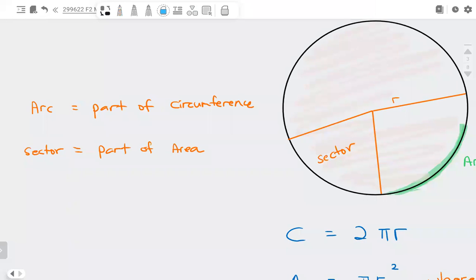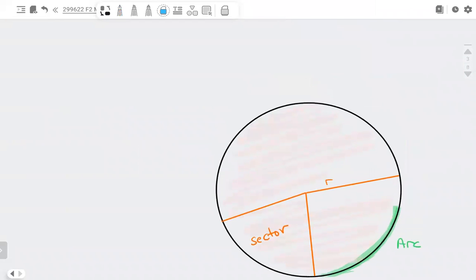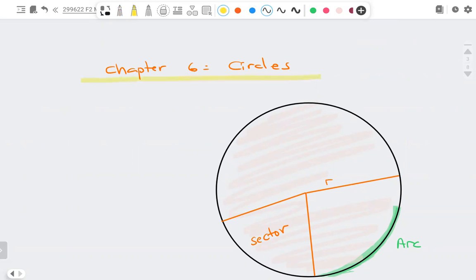Okay, let's do the notes for chapter 6 together. Just write the title first. Chapter 6 is about circles, bulatan. Then you draw a circle.